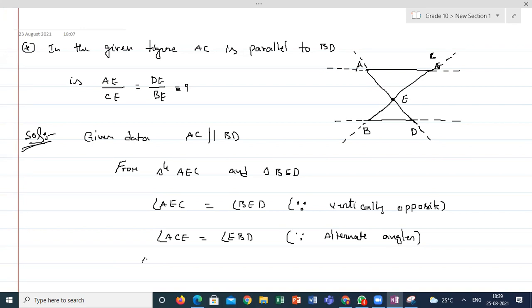So triangle AEC is similar to triangle BED. What is the rule here? Since AA similarity criterion.